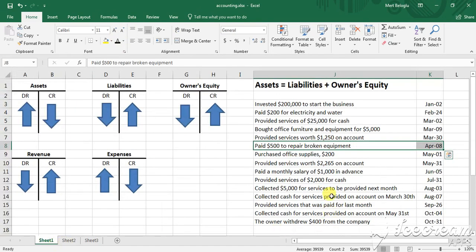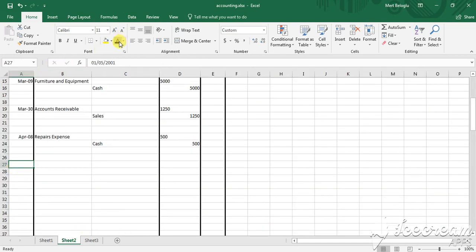Our next transaction takes place on May 1st, and we purchased office supplies for $200. Now, supplies is something that is used for short term. So once we purchase the supplies, it becomes an asset. It's not an expense yet. We will talk about expensing the supplies shortly.